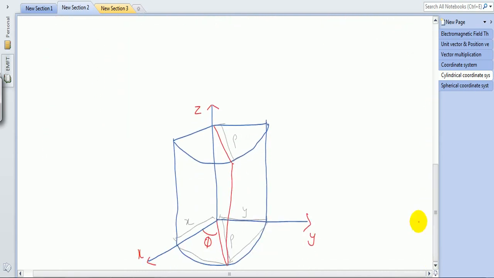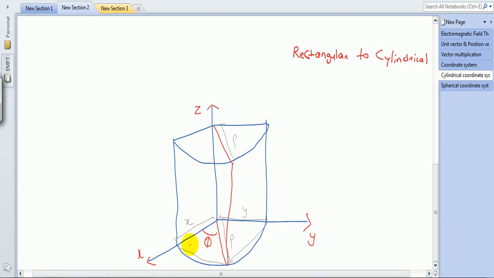Now if I talk about the relation of the cylindrical coordinate system with the rectangular coordinate system, if I want to convert rectangular to cylindrical, that is, I want to find what is rho in terms of x, y and z.